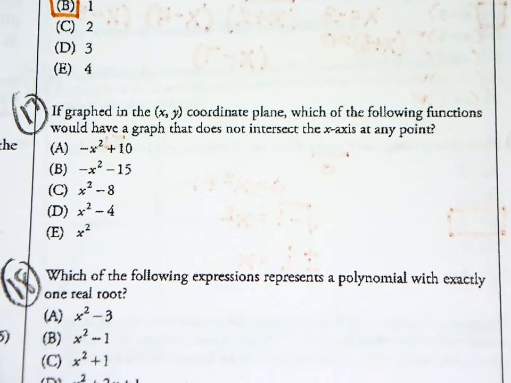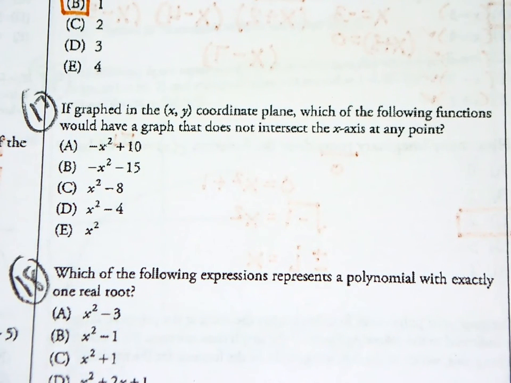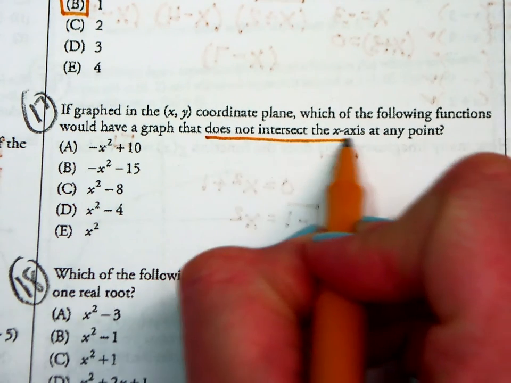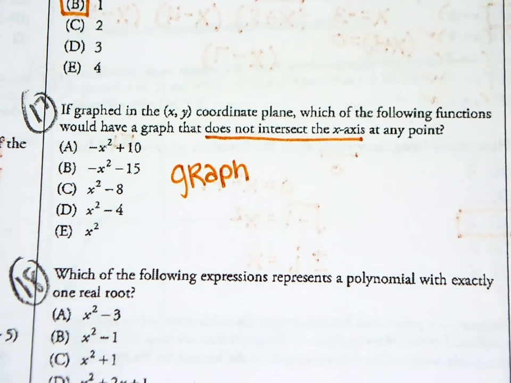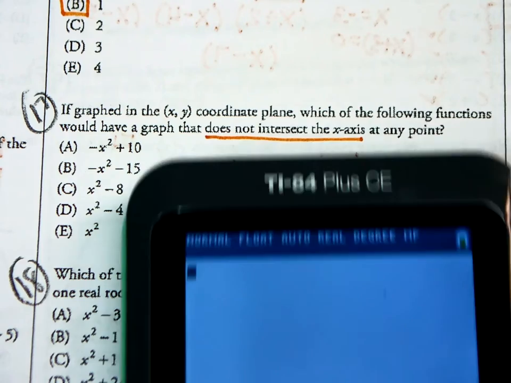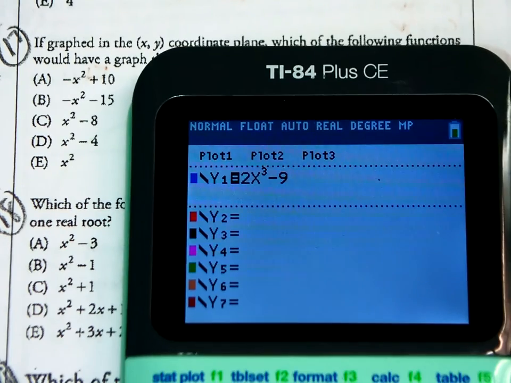All right, number 17. If graphed in the xy coordinate plane, which of the following functions would have a graph that does not intersect the x-axis at any point? I would just graph, honestly. You could do function transformations and kind of think about it that way, but graphing is just a lot faster.